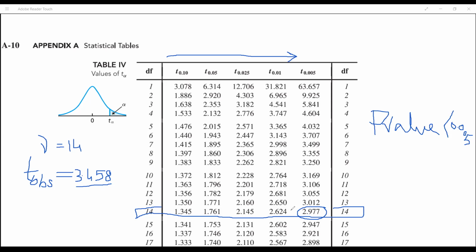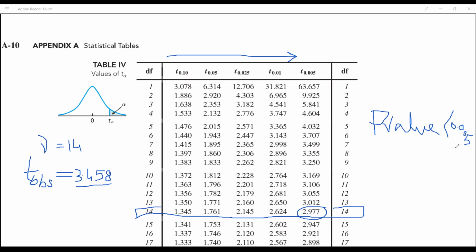The reason is 3.4 will be on the right side of this. Any column to the right side of this point will be smaller than 0.005. So we do not have an exact p-value, but whatever the p-value is in the problem, it is smaller than 0.005. So that is why I was saying that the p-value approach is used in SPSS.